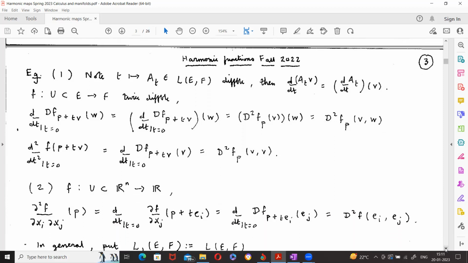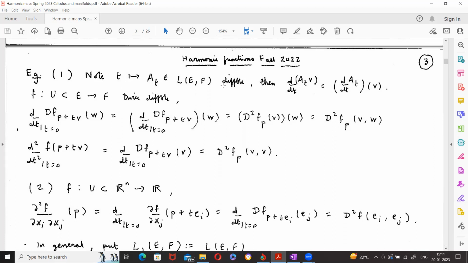First, let's make the following observation. The second derivative means we're going to be differentiating the first derivative, right? Differentiating means we can differentiate along curves or along straight lines. So suppose I have a curve of linear maps, t goes to A_t, in L(E,F). This is a curve in the vector space L(E,F).